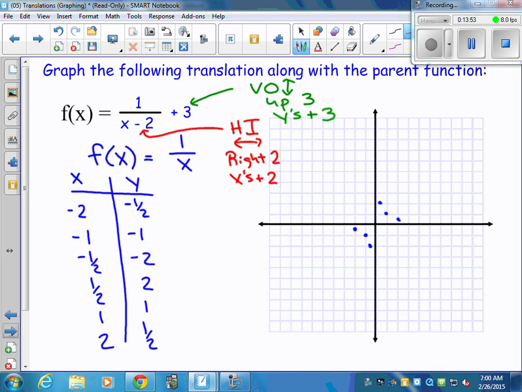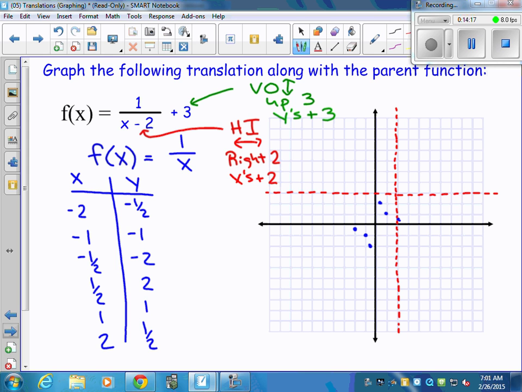So it's going to go right 2 and up 3. And now we have these 2 dotted lines that we use for asymptotes, values that we can't touch, but we get extremely close to for our graph.